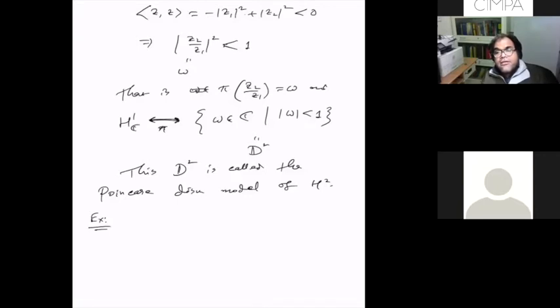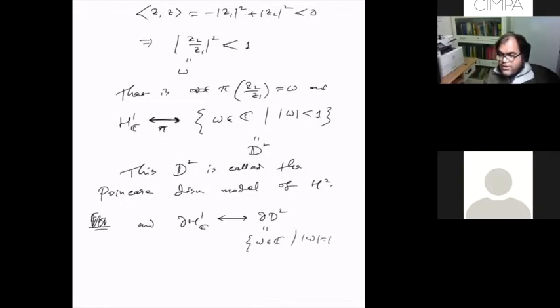So this gives you the identification between one-dimensional complex hyperbolic space and two-dimensional real hyperbolic space. And del H^1_C, that is same as del D^2, that is W in C, mod W equal to 1.